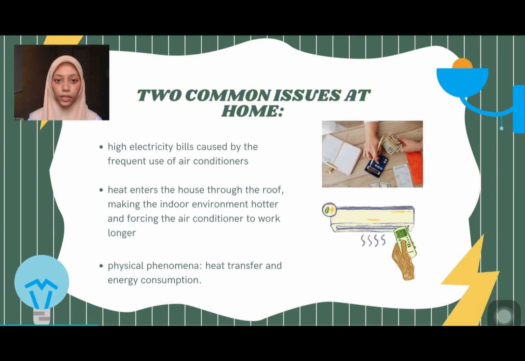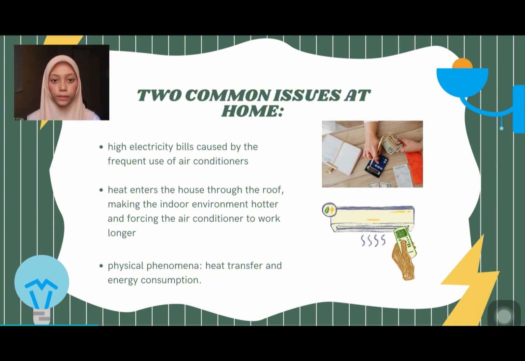Many families today face two common challenges at home. The first challenge is a high electricity bill caused by the frequent use of the air conditioner. And the second challenge is excessive heat entering the house through the roof, making the indoor environment uncomfortable.